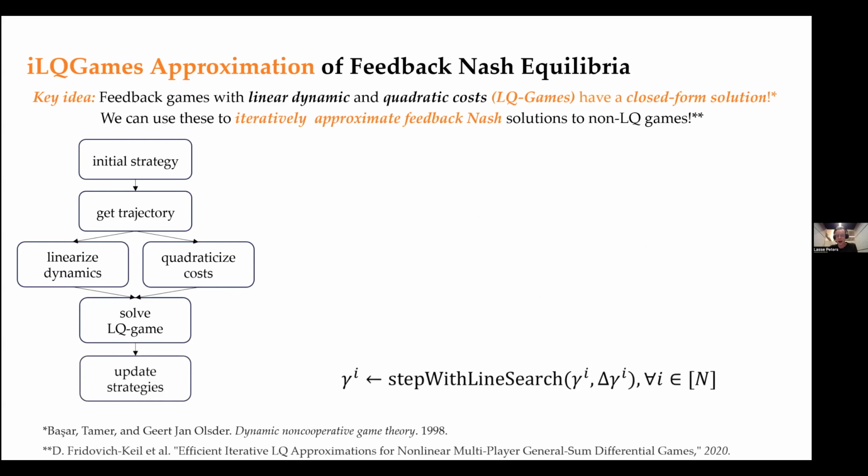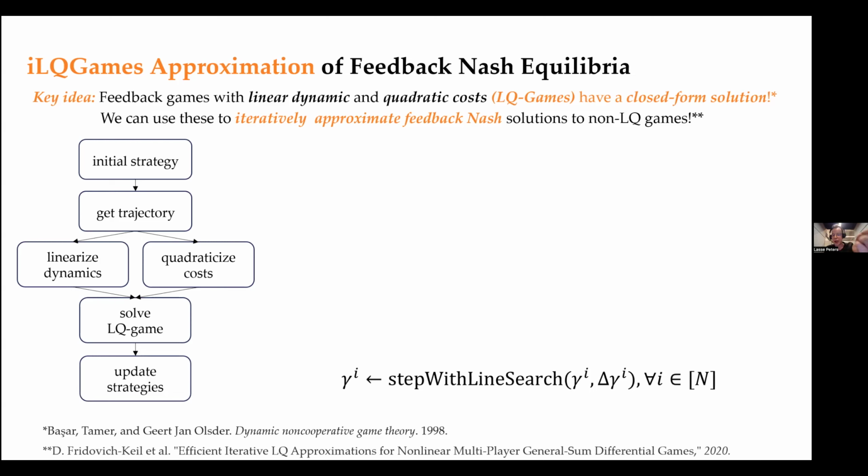And then finally, we will use this LQ solution as a step direction for our original strategies. So we will effectively step in the direction predicted by this LQ game solve. The details of that are a bit involved, but basically you can treat this as a Newton step, more or less. In practice, we apply some additional line search, which makes sure that we're not choosing step sizes too large.